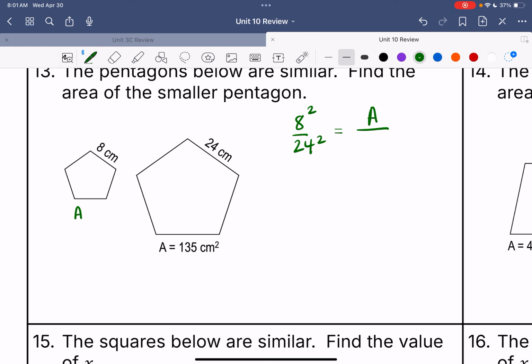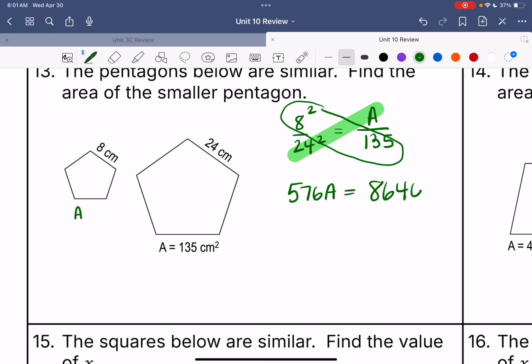Then I know the area of the bigger one is 135. So we are going to end up with some big numbers to begin with, but we're going to simplify it. We're using our calculator, so we'll be fine. So I'm going to cross multiply in that direction first. 24 squared times A gives me 576A. Okay, now multiplying the other direction, 8 squared times 135 gives me 8,640.